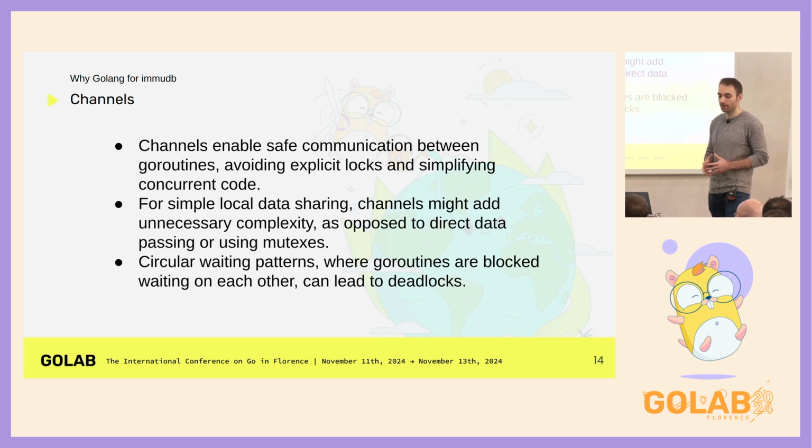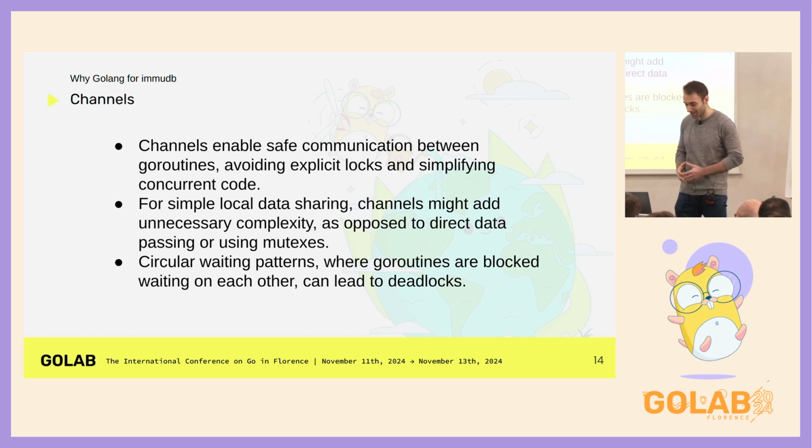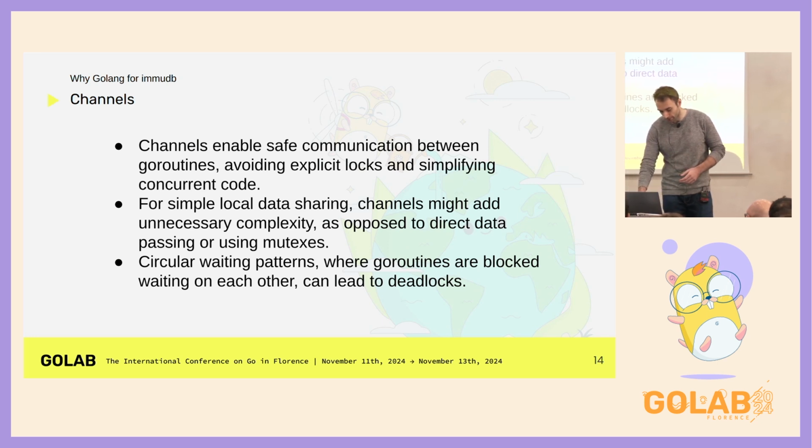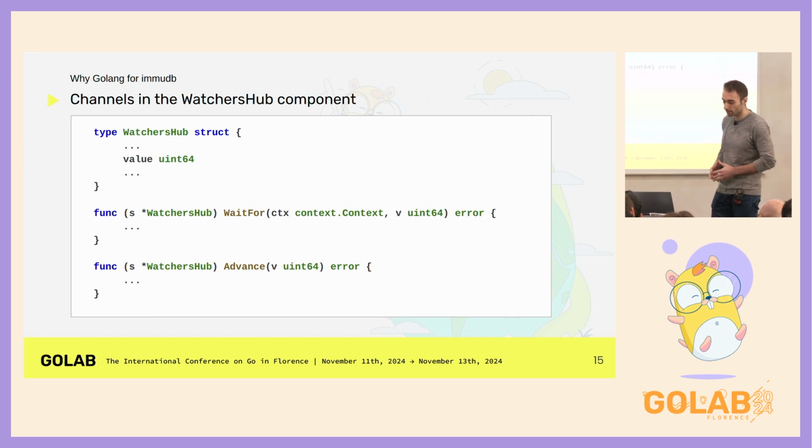And this is why some usually say that you always have to prefer, for example, a mutex and a condition variable to a channel. But today, I want to show you an example where using channels in immudb made our life a little bit easier. So I'm going to introduce you to the watcher sub-primitive.